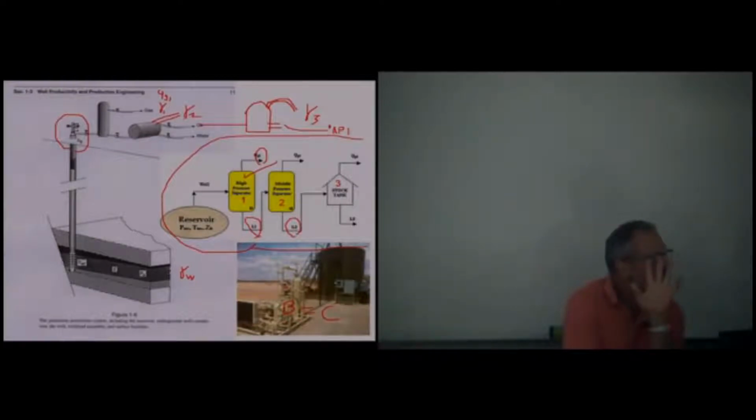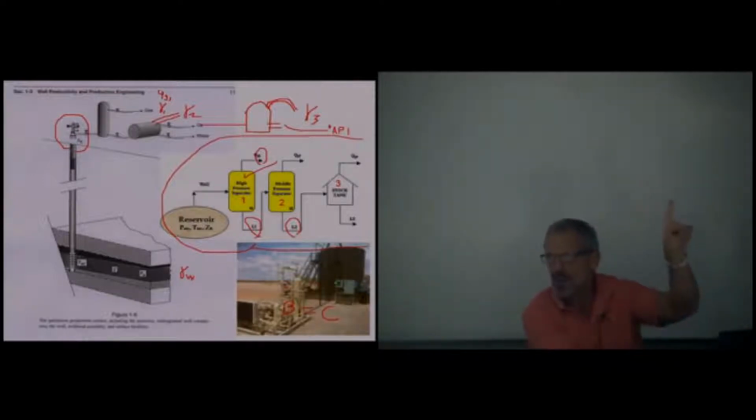Now, there's some gas that comes off of here too, that doesn't usually get measured. And there's the stock tank vents, and if it got measured, it'd be Q3. So we have 3 rates, so we could have 3 GORs. There's only one oil rate, only one condensate.